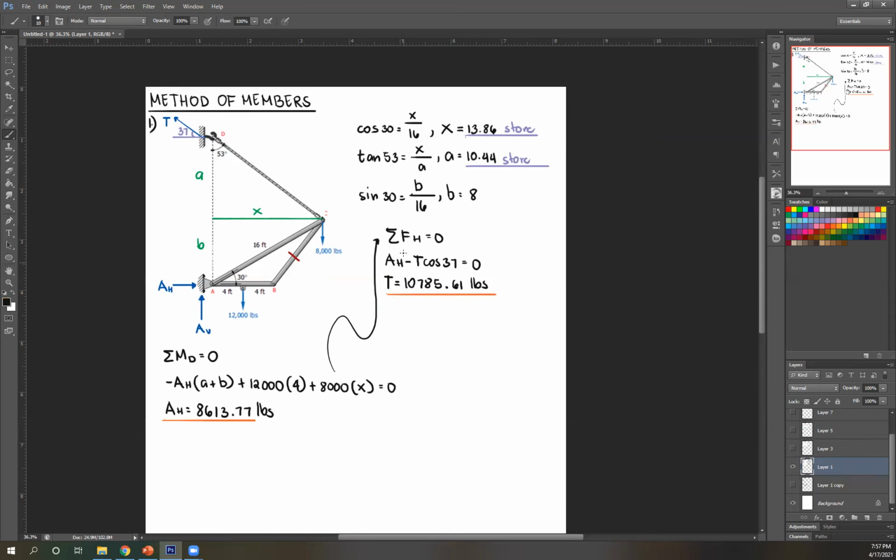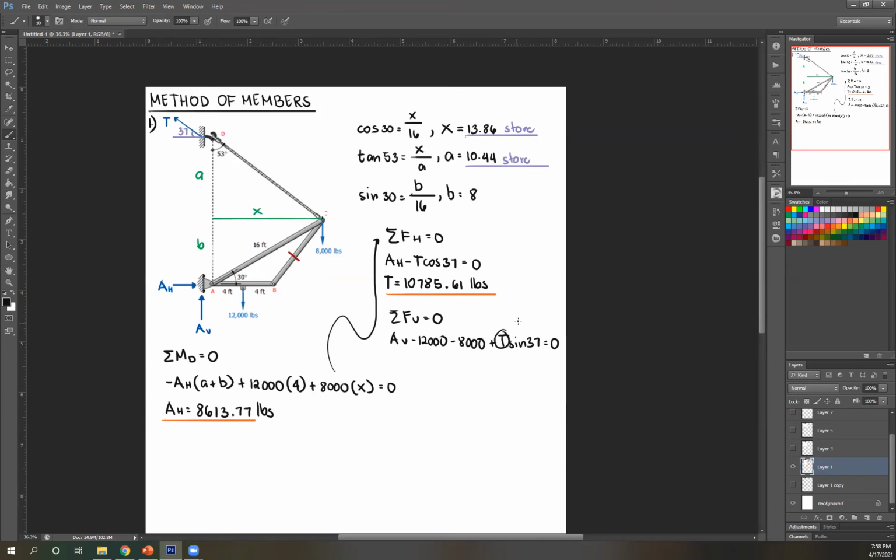So now since I know T, I can go ahead and solve for summation of forces vertical to get AV. So AV is upward, therefore positive. We have 12,000 here, downward, therefore negative. We have 8,000 here, so downward, again negative. And then we have this T, upward, therefore positive, and then get the vertical component, so that's sine 37. And then equate that to 0.